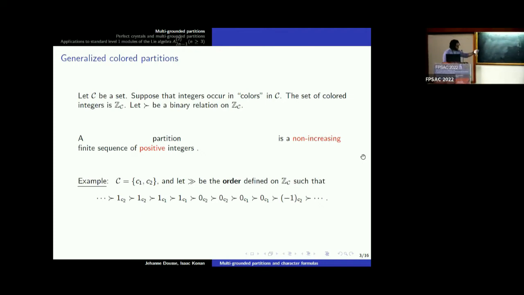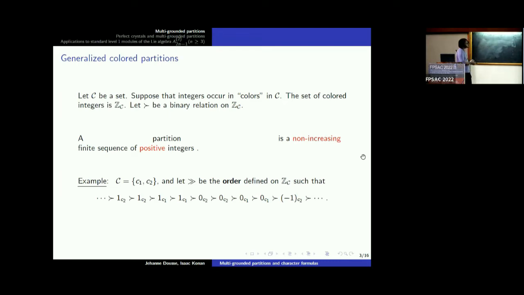An example here is that we take a set with 2 elements, and this relation is an order on the set of colored integers in such a way that 1C2 is always greater than 1C1, and so on, and it will decrease in the size of the integer.